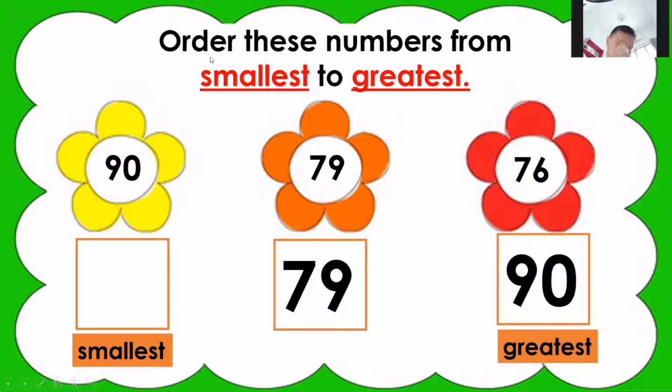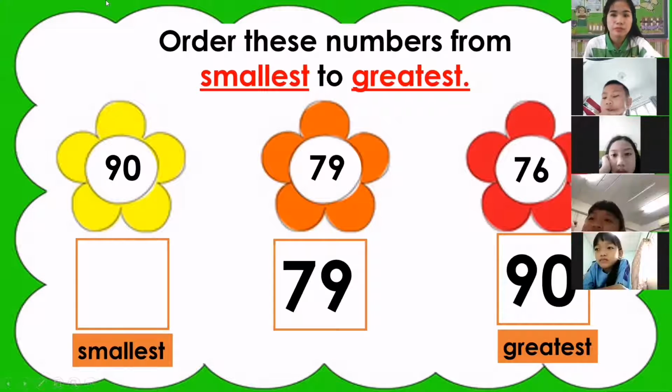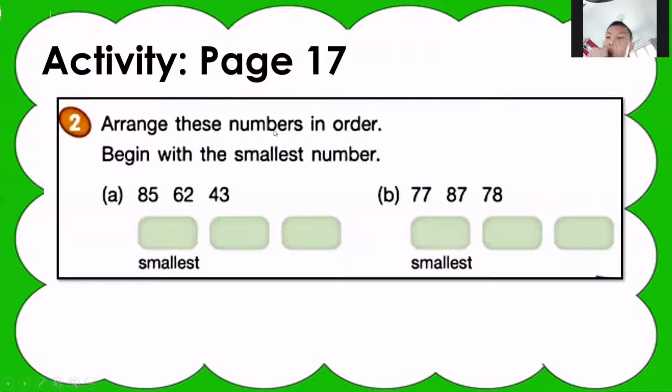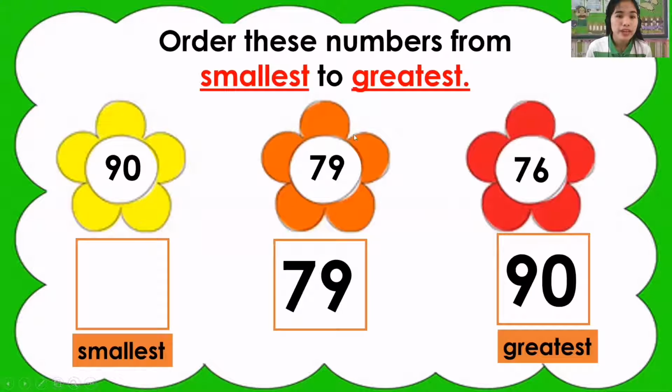You are going to order the numbers from smallest to greatest. Let's continue. We have here three numbers, which is 90, 79, and 76. Among these three numbers, what is the smallest number?